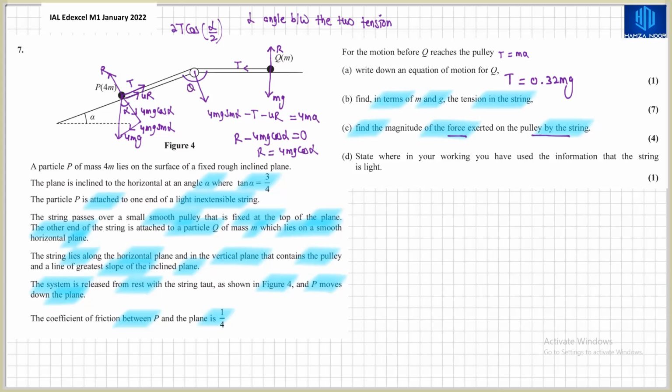So those students who have already studied the complete mechanics course from me already know that we have covered this particular concept in detail in the online classes, and we have done the exam style questions practice from the book exercises as well. All right. So 2T multiplied by cos alpha over 2. This is basically the formula for finding the force exerted on the pulley by the string or the force exerted on the string by the pulley.